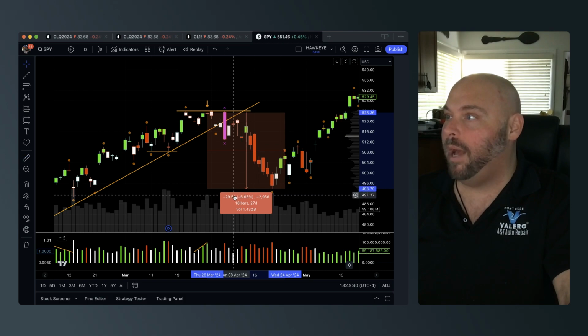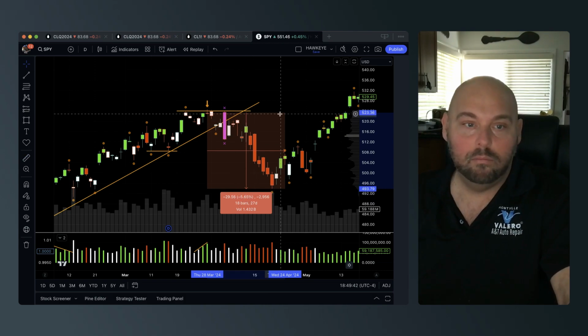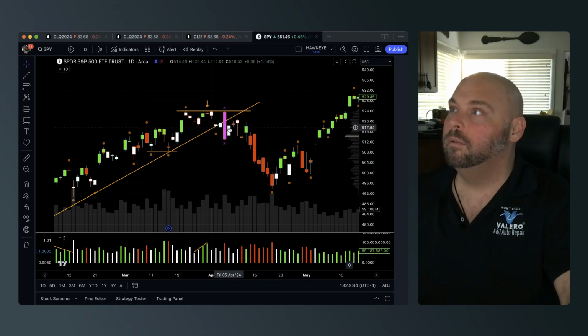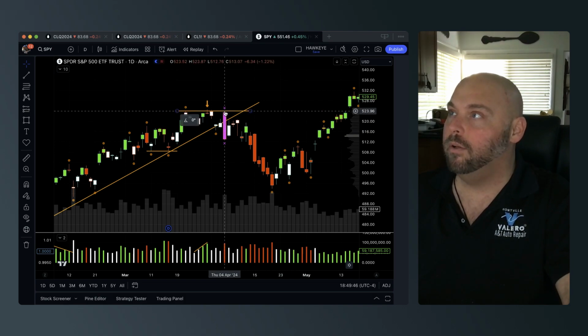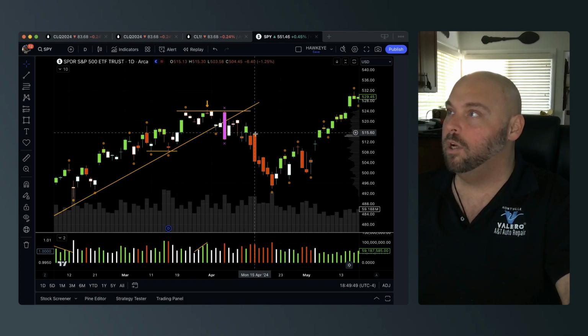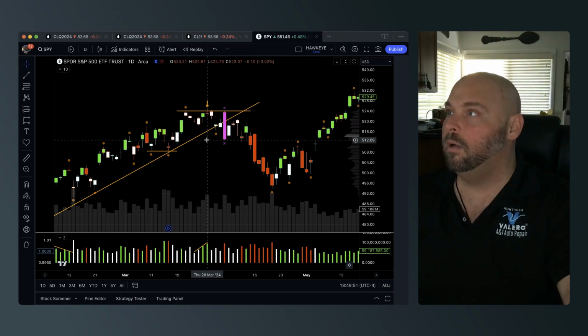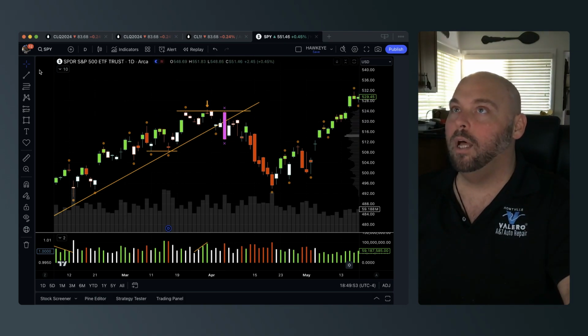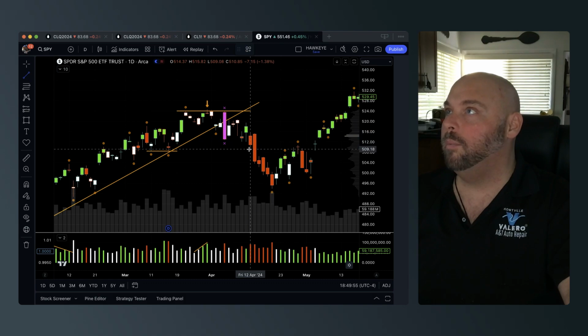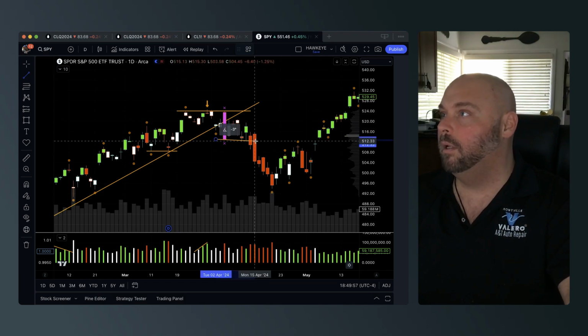The market fell back roughly 5.5%. We got strong selling coming in here. You see a wide bar, you see no ability to push above the wide bar. We push below it, close below it, and then the market sells off.